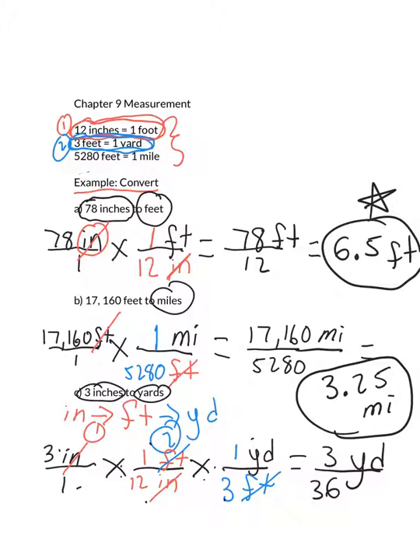And most likely, my math lab homework for this chapter anyway is going to say round to the nearest hundredth as needed. The hundredth spot is 2 spots to the right of the decimal. So approximately, I'm going to use that approximate wave because it's a decimal that just keeps going. When you do 3 divided by 36 and you round 2 digits out, you should be getting 0.08 approximately yards as your final answer.